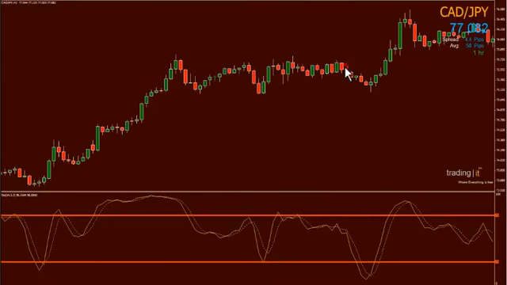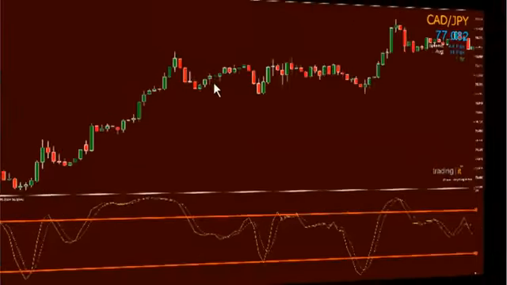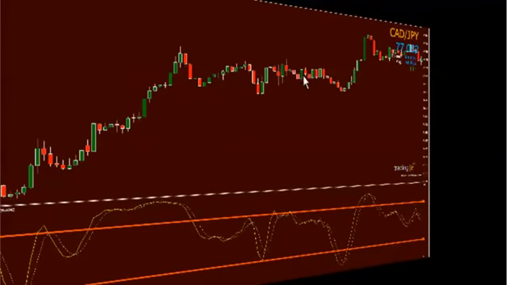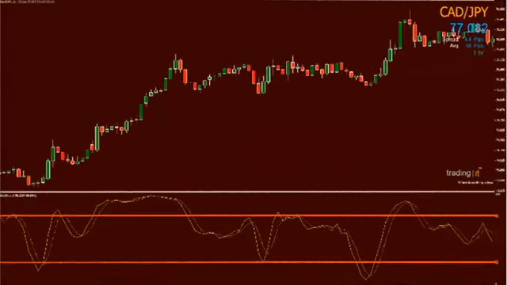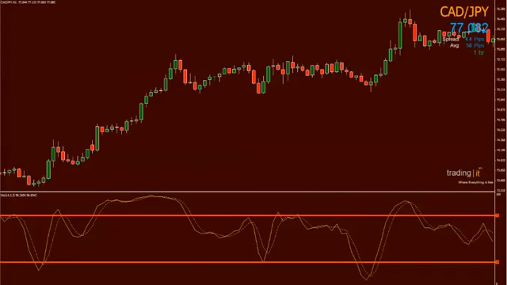Now, as stated, to use a stochastic in a trading strategy, let's identify if we are in an uptrend or a downtrend first. In this example, price is making higher highs and higher lows, illustrating an uptrend. Once this has been established, one must define the direction to trade in. In this case, we will look only at taking longs or a buy in the market.